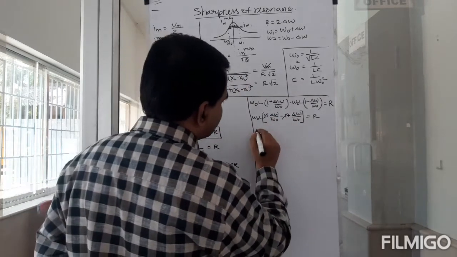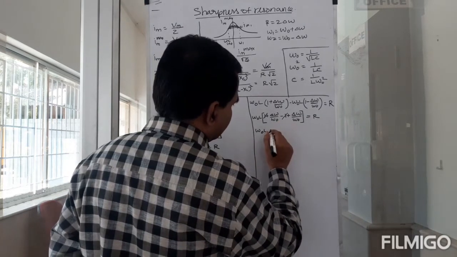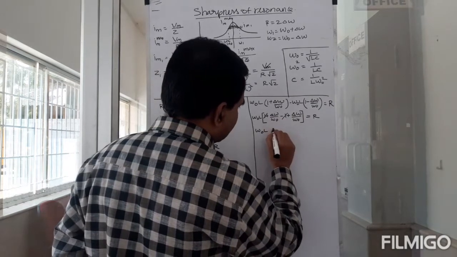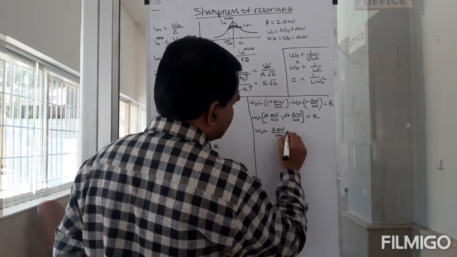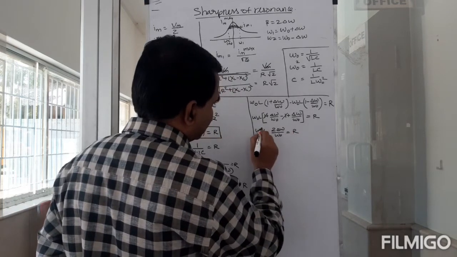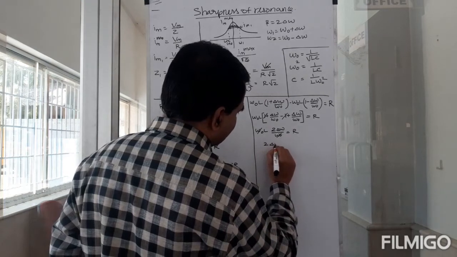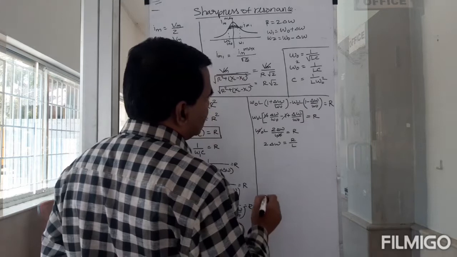Effectively I get omega naught L into, omega naught is common, so 2 delta omega by omega naught is equal to R. So omega naught and omega naught get cancelled, so I get 2 delta omega is equal to R by L.